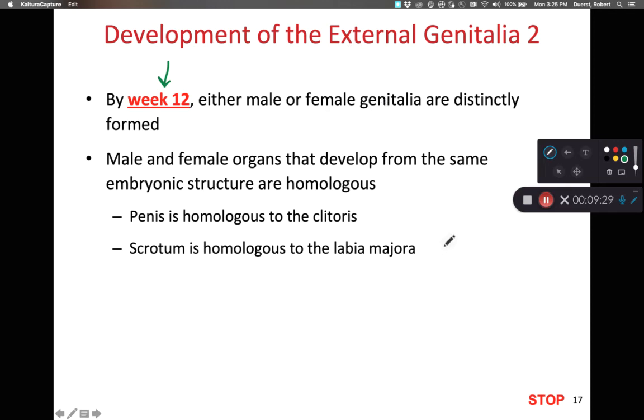I remember talking to the ultrasound technician, and she told me the analogies that she uses. For the male genitalia, she looks for a turtle sticking its head out of its shell. And if she can see a turtle sticking its head out of its shell, that represents the scrotum and the head of the penis. And for the female genitalia, most ultrasound technicians are taught to look for 3 white lines stacked on top of each other.